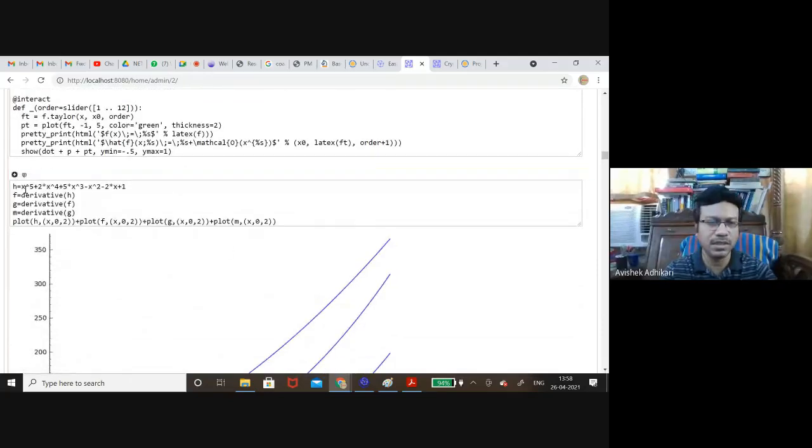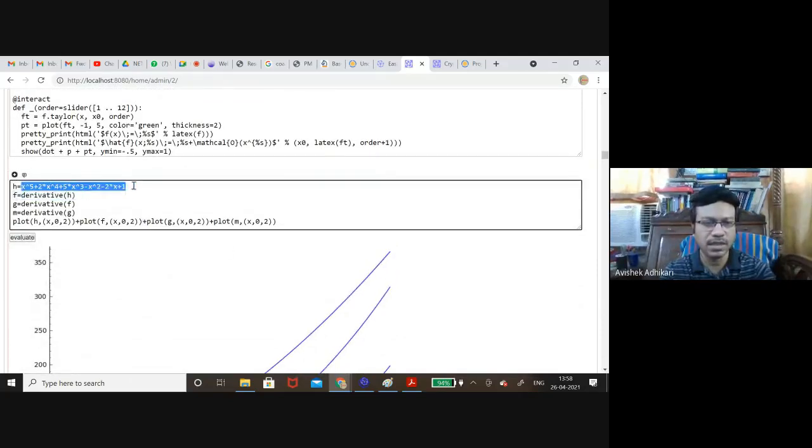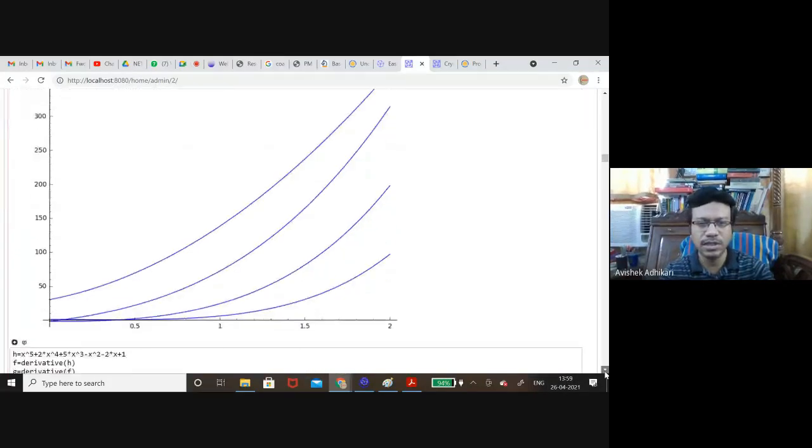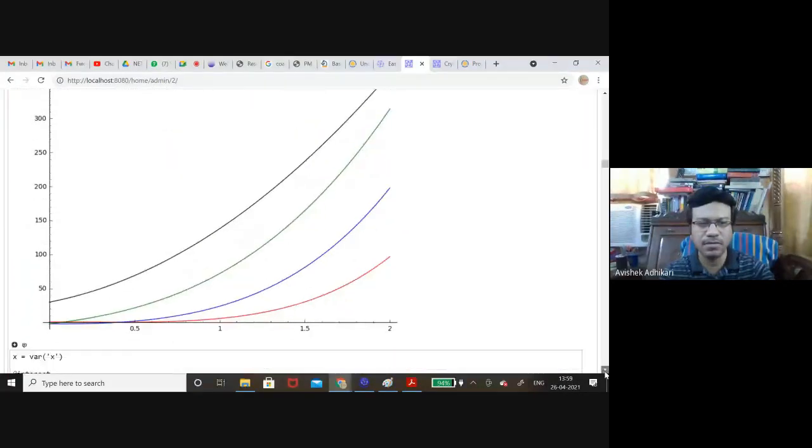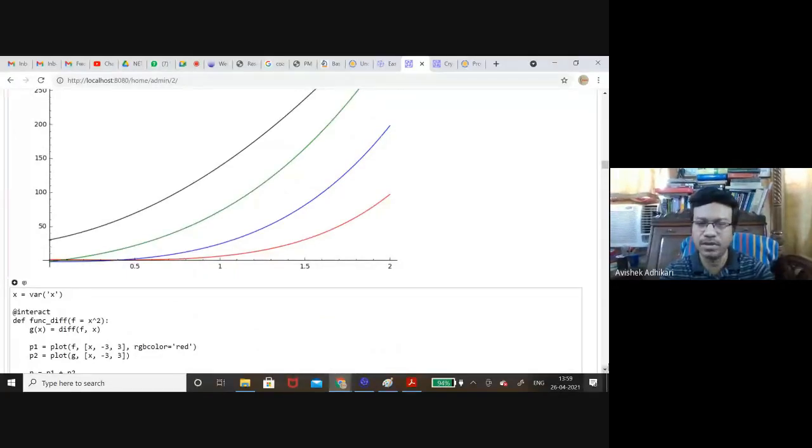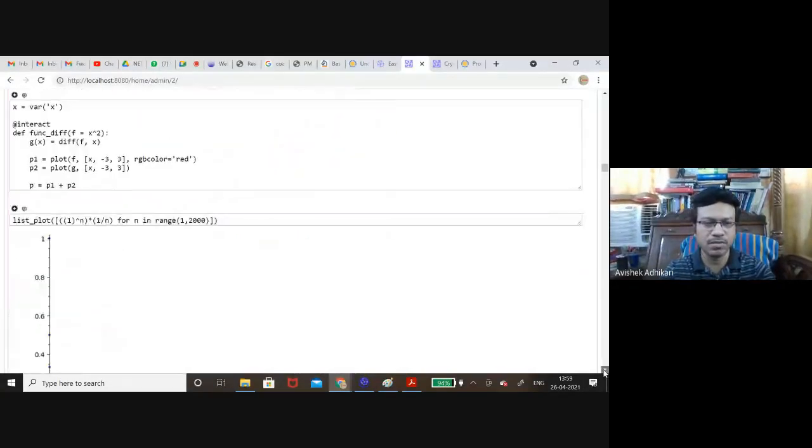So I started with this, then took the derivative h, and then again the derivative: f is the derivative of h, then g is the derivative of f, and so on, and then plotted how it looks and how it changes. You can change the color for different curves and all.